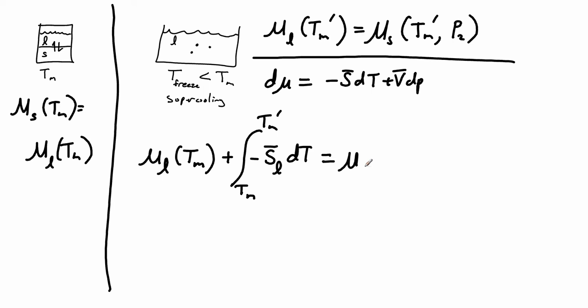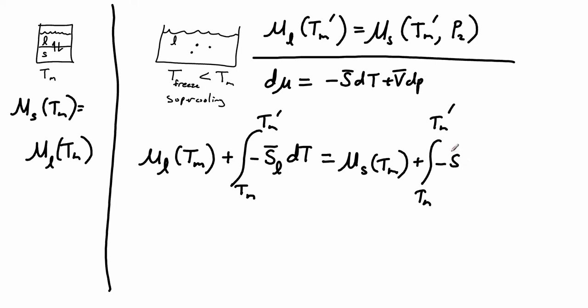For the solid, we can relate the chemical potential under the new situation to the chemical potential in the original situation. What have we done? We've changed both of these. So we need an integral to get to both of these new points. So we're going to, first of all, integrate to get from Tm to Tm prime.